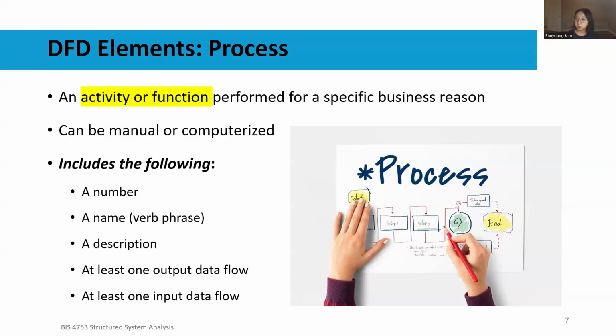It's similar to a use case, as we did, and description. And lastly, there's a rule. This process should have at least one input and one output. If it doesn't have that, this process is meaningless. So the process should have at least one output and one input.